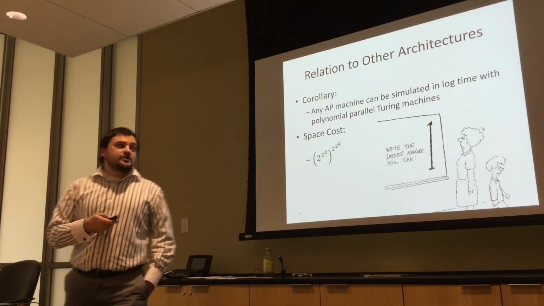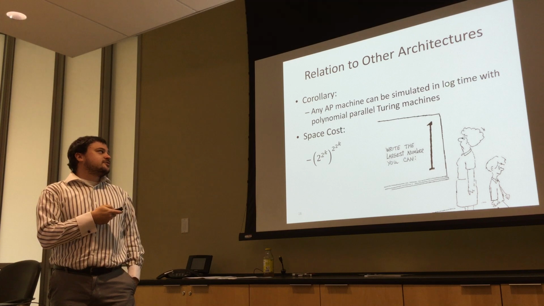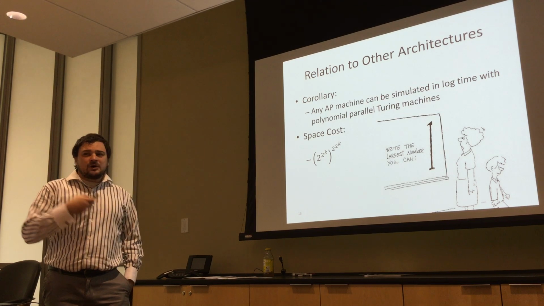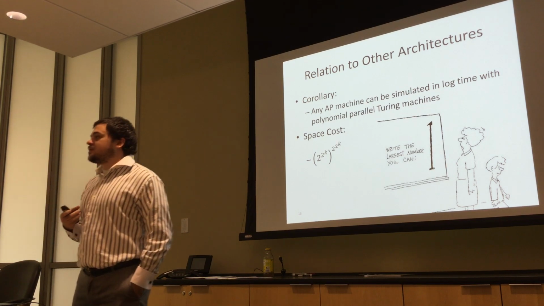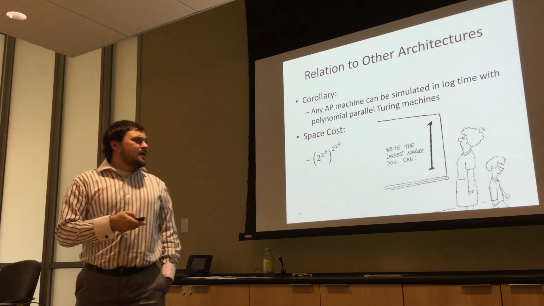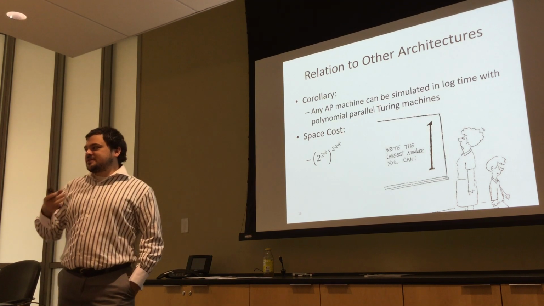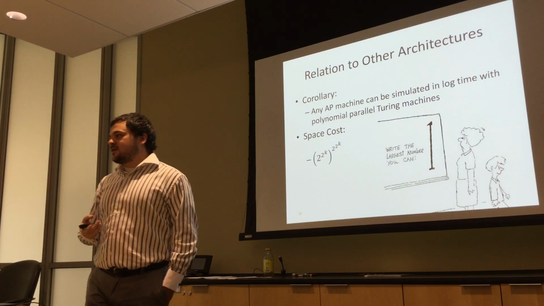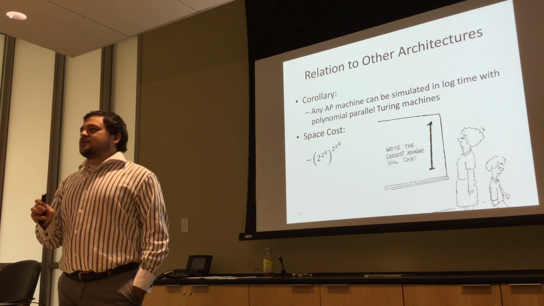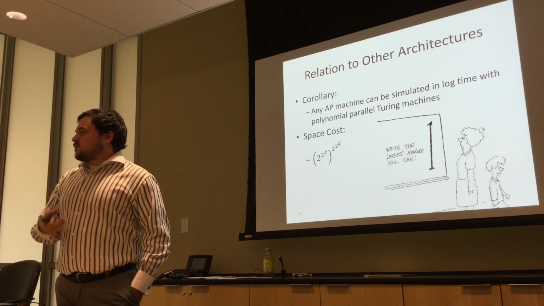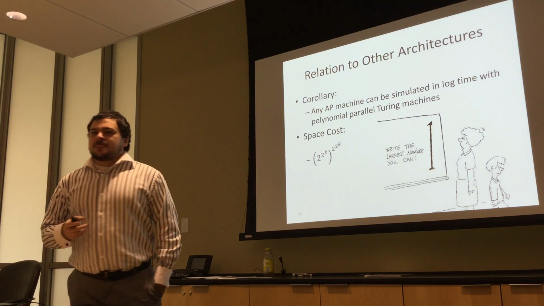Or equivalently, you can compute any regular language in logarithmic time as a circuit with a polynomial number of gates. Now this log and polynomial here are in terms of the size of the input string, but they actually say nothing about the size of the automaton required to compute that language.